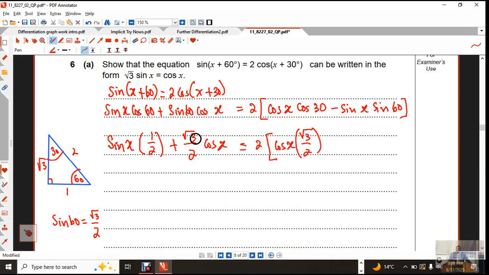So obviously you're going to multiply that with that. Minus sine of x and the sine of 60 degrees, again, as we said, is root 3 over 2. I just have to come back to something over here. The cos of 30 degrees, cosine of 30, is root 3 over 2.